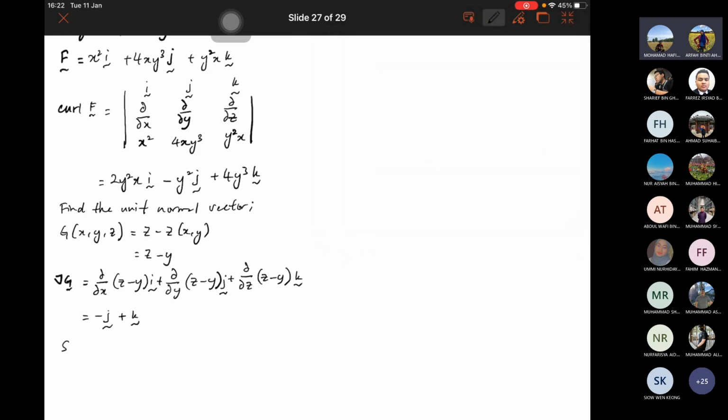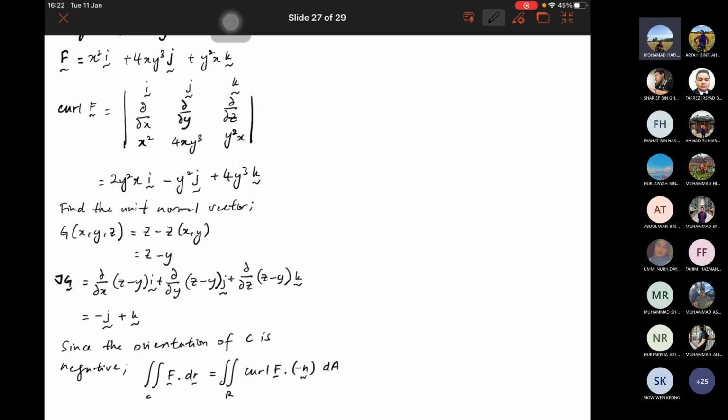Since the orientation of C is negative, so integration over the bounded region over the curve C f dot dr equal to integration over the bounded region R curl of f having the dot product with negative n dA.